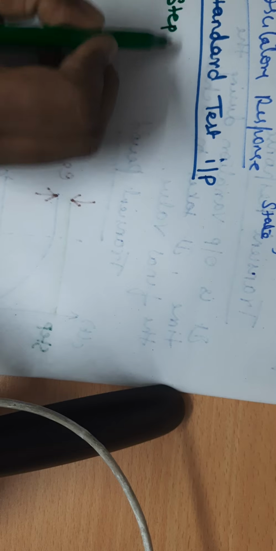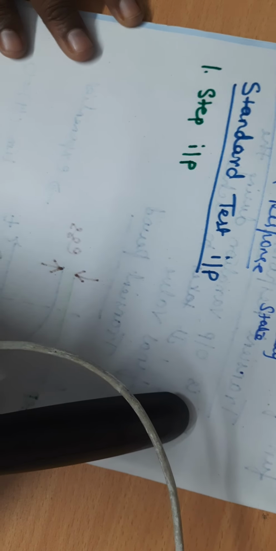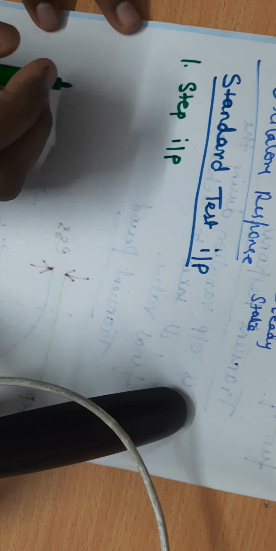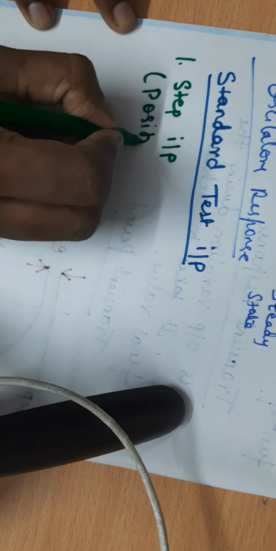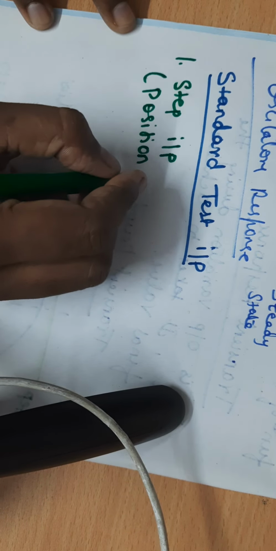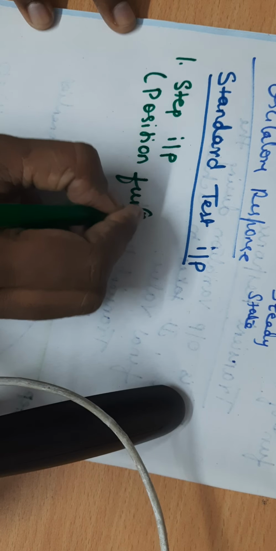There are different types of standard test signals, but here we are going to study only the three standard test signals. First one is step input. First standard test signal what we are going to study is step input. This is also called as positional function.